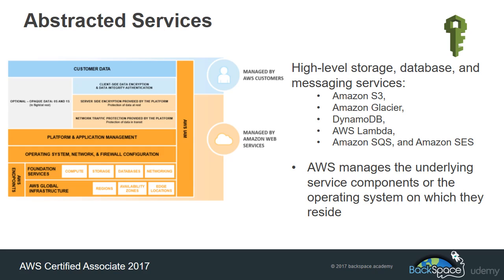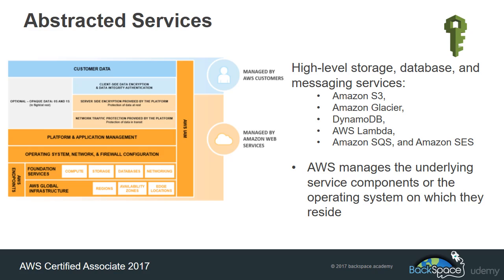For example, with Amazon S3, we know there are obviously file servers interacting with the service, but we don't know much about the nuts and bolts of how it works. These abstracted services are high-level storage, database and messaging services like S3, Glacier, DynamoDB, and Lambda. We're running a function, but we don't really know much about how AWS provisions their infrastructure to run that function.